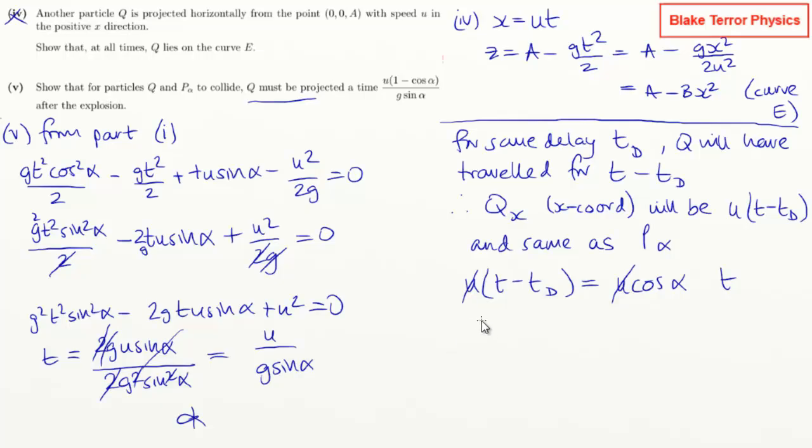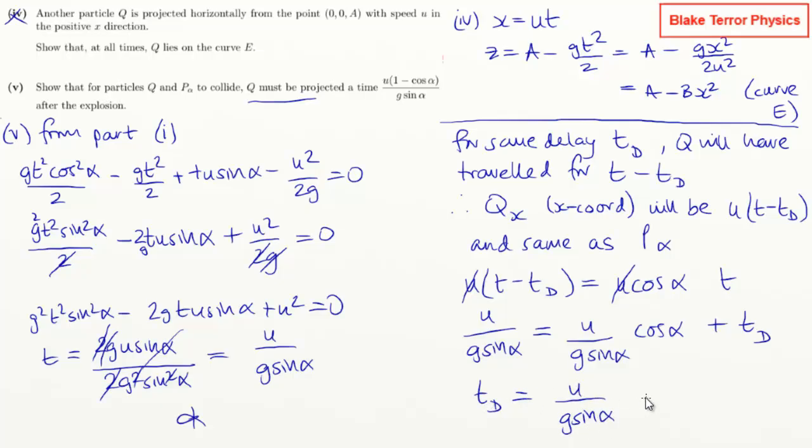So I've got that u over g sine alpha is equal to u over g sine alpha times cos alpha plus td. So td is going to be u over g sine alpha times 1 minus cos alpha, which is what we've got. Excellent.